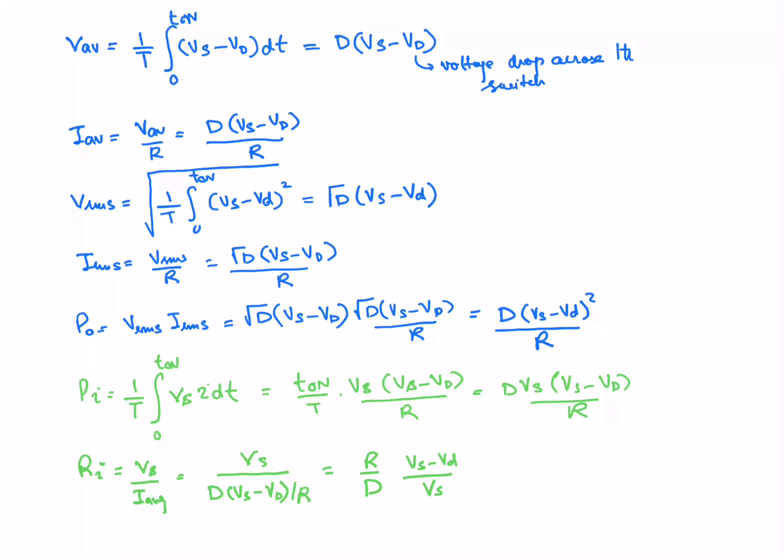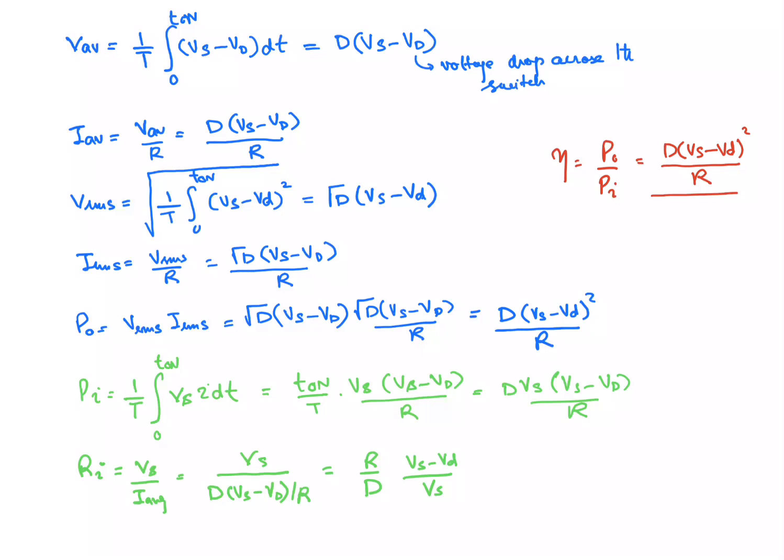And now we can find out the efficiency. The efficiency of the converter can be written as the ratio of the output power with the input power. So our output power is equal to D times Vs minus Vd square divided by R, right? And so that we have seen over here, and dividing it by the input power.